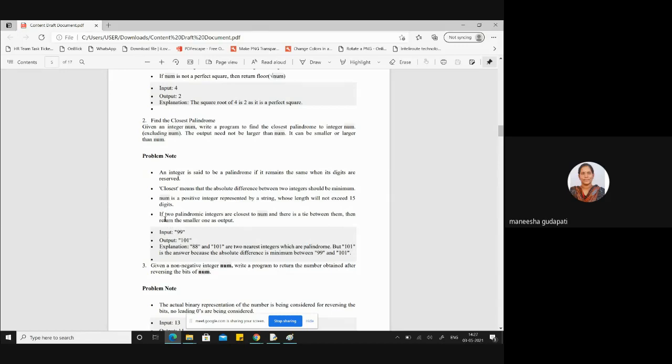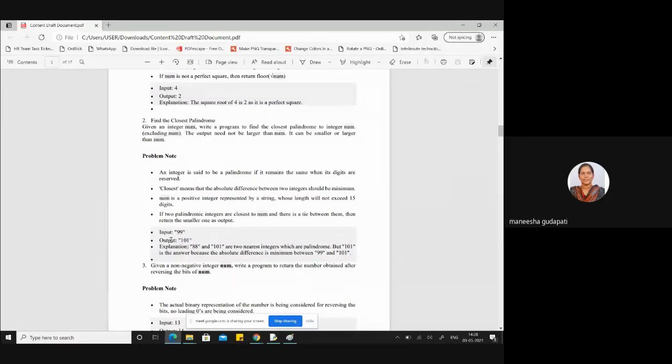And the other thing is, if two palindrome integers are closest to the number and there is a tie between them, then return the smallest one as output. For suppose you have both larger as well as smaller numbers at the same distance, then you have to print the smaller one.